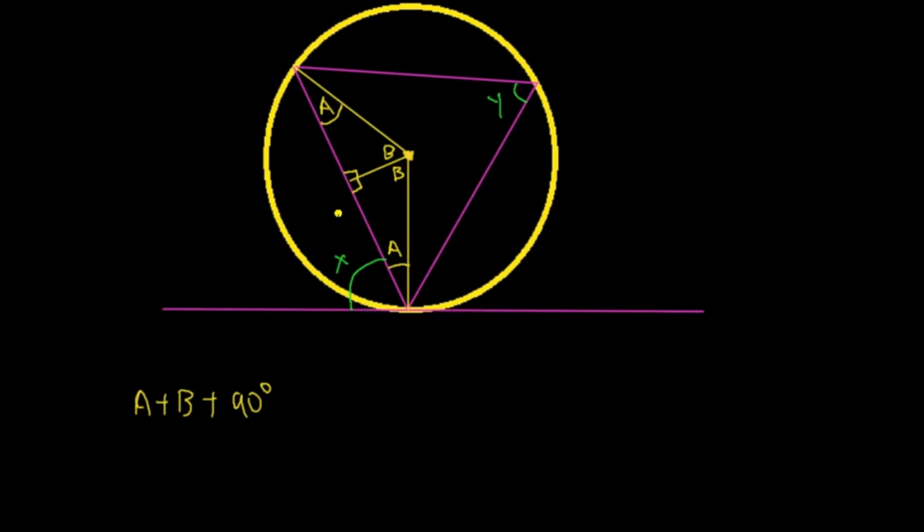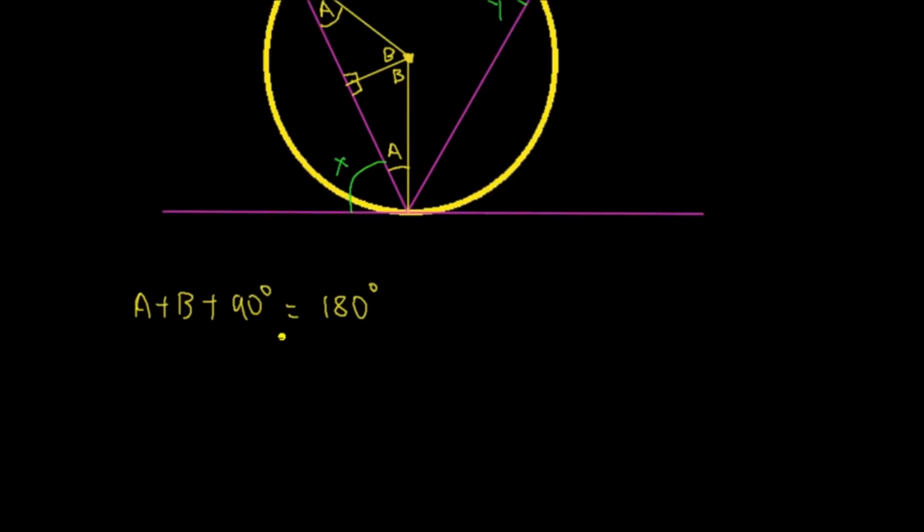So that is 180 degrees. What does it mean? If we subtract 90 degrees from both sides, we have a plus b equals 90 degrees.